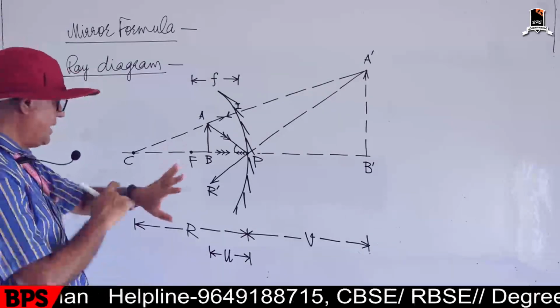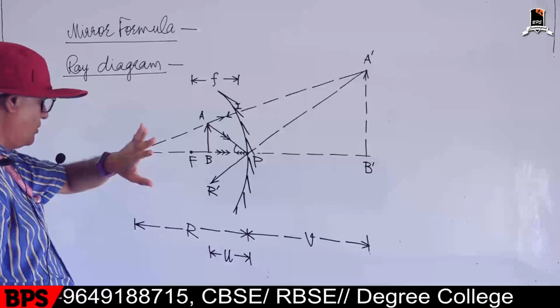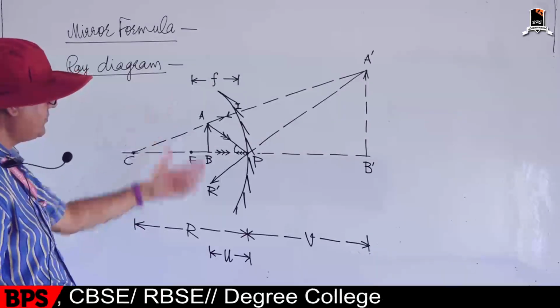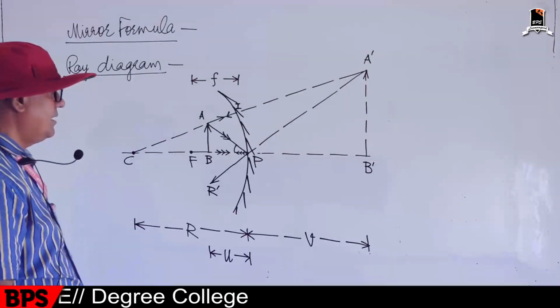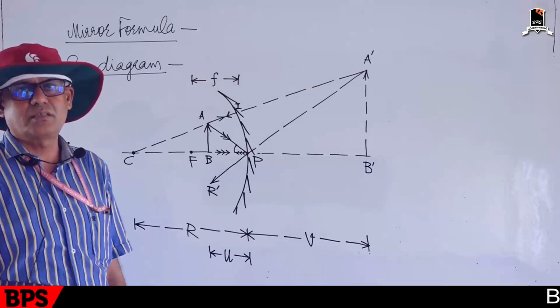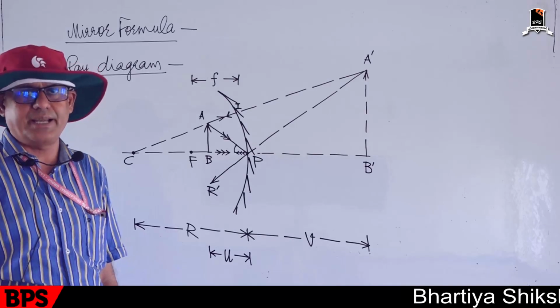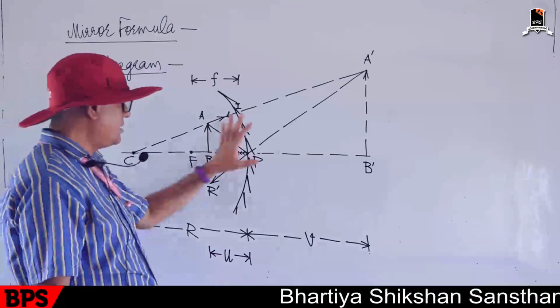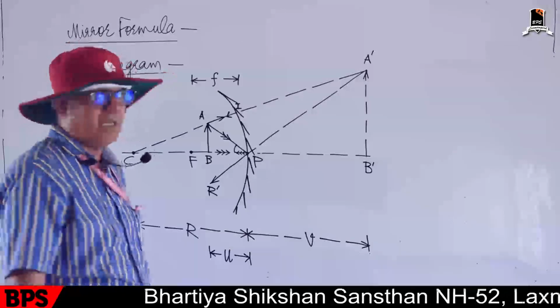So this will be the ray diagram, and to prove this, as usual, we will take the theorem about similar triangles. In this ray diagram, there are two similar triangles.